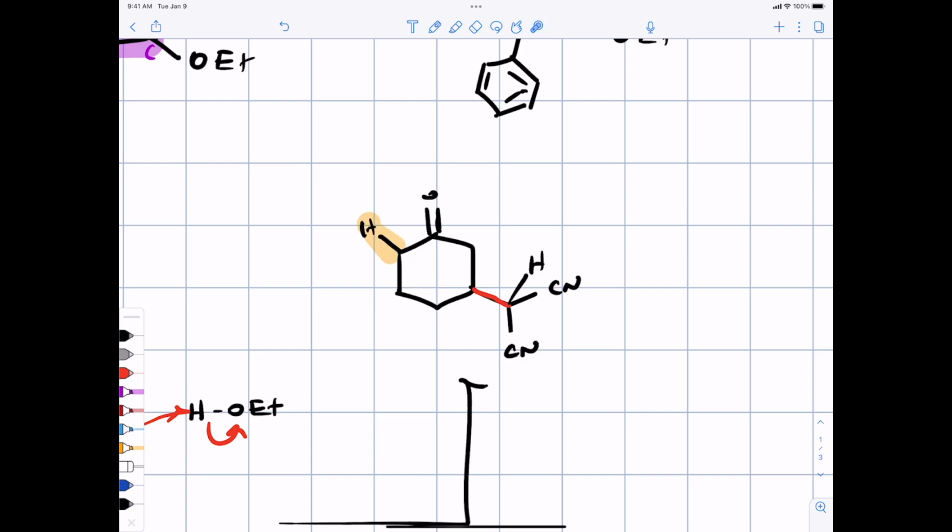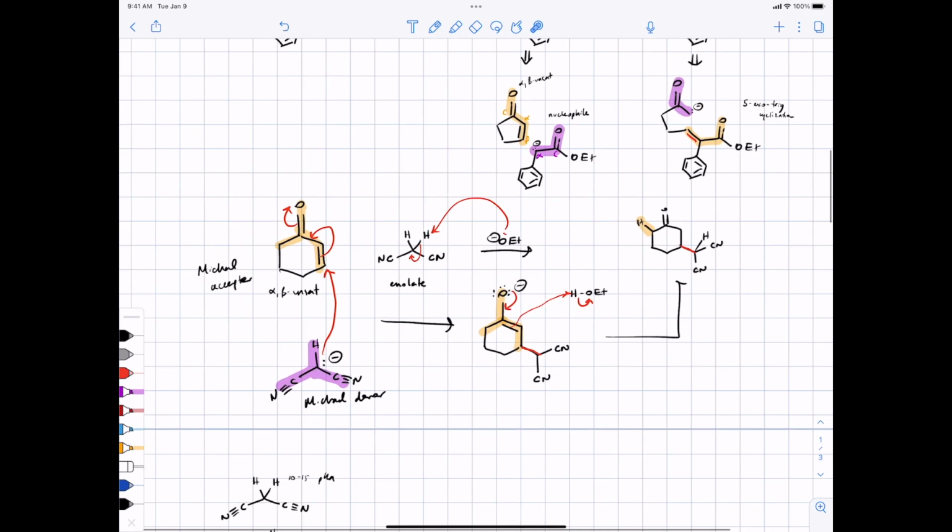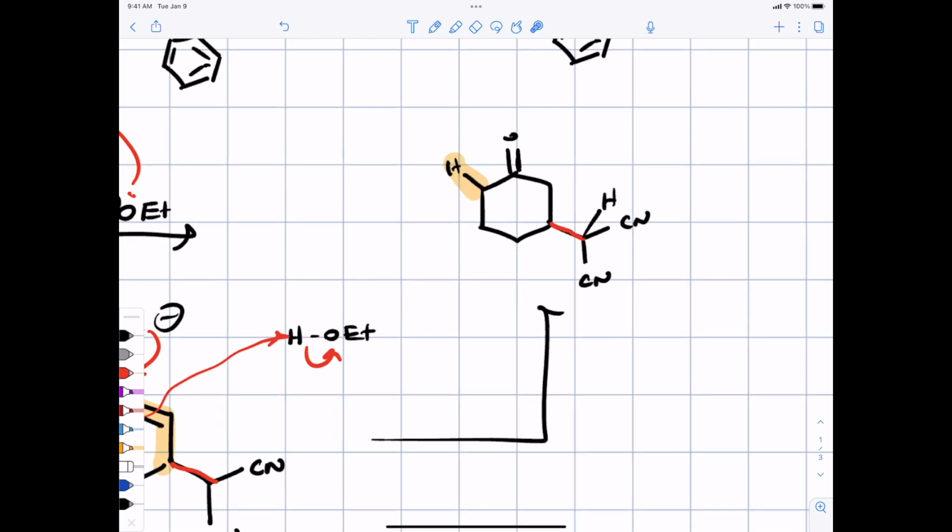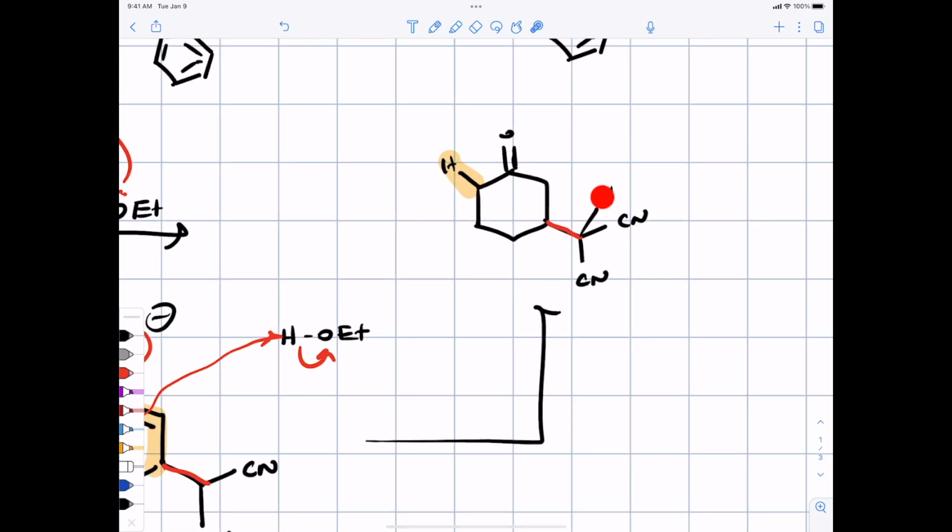But that's not the most acidic proton in the molecule, that is. And so I think that's what actually stops you from going on and doing anything else. You choose a beta dicarbonyl compound as your Michael donor, and that itself serves as a deterrent to do anything else, because if a base does anything, it's going to remove that proton and you're done. That's what I think's going on.